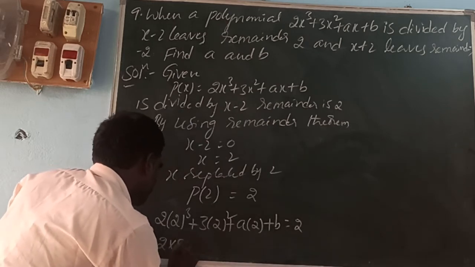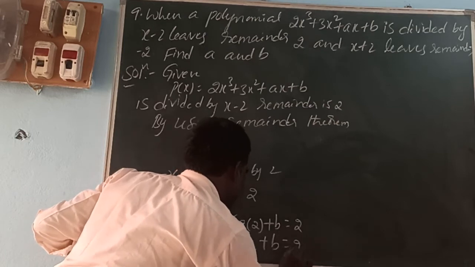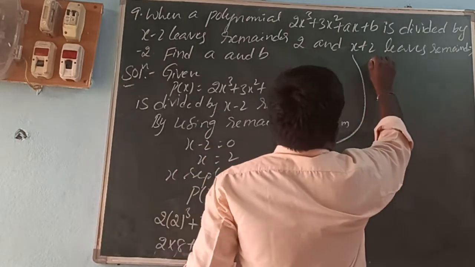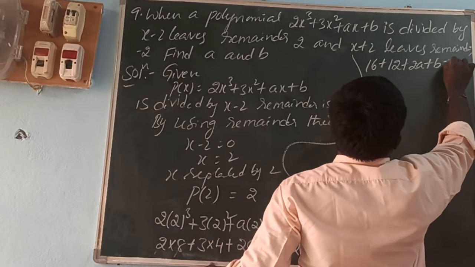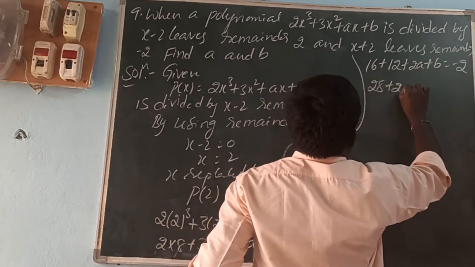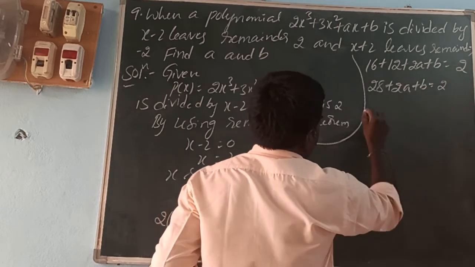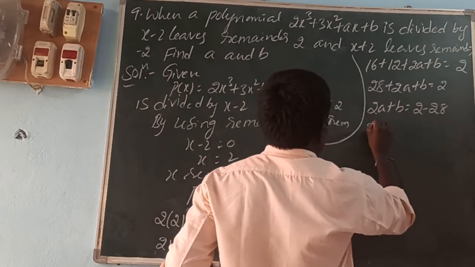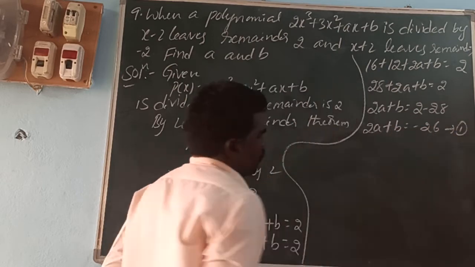So 2 into 2 cube, 8, plus 3 into 2 square, 4, plus 2a plus b is equal to 2. 2 eights are 16 plus 3 fours are 12 plus 2a plus b is equal to 2. 16 plus 12 is 28 plus 2a plus b is equal to 2. The 28 goes to the other side: 2a plus b is equal to 2 minus 28. So 2a plus b is equal to minus 26. Let us take this as equation 1.